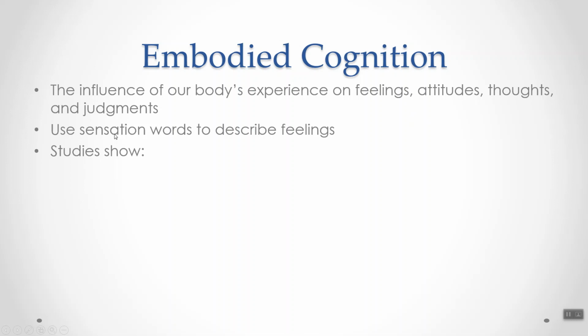In other words, your sensory experience of something can influence feelings, attitudes, thoughts, judgments, right? That's not influencing another sense. That's influencing some kind of attitude you might have about something. So studies have shown things like if you hold a warm mug, that might promote social warmth, right? Like you'll be more generous to people, feel closer to them, want to hang out with them more.